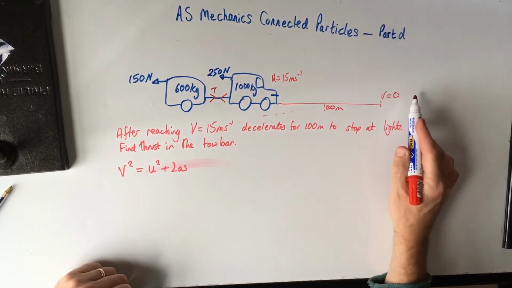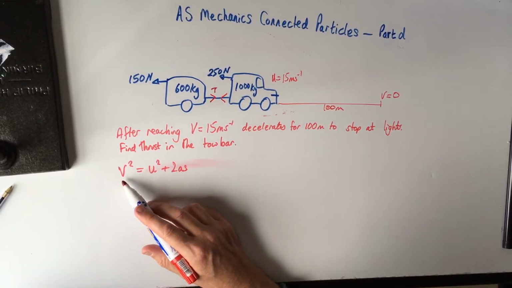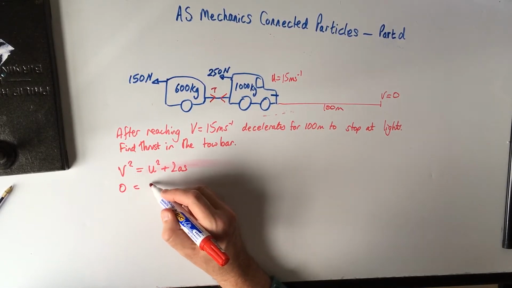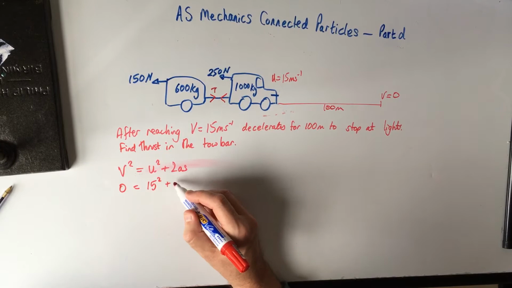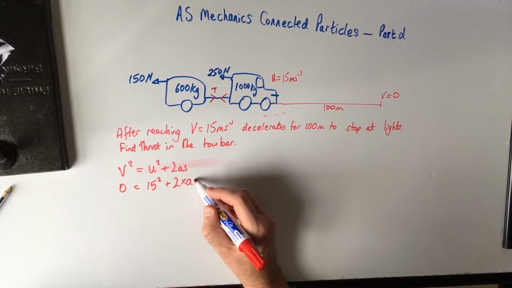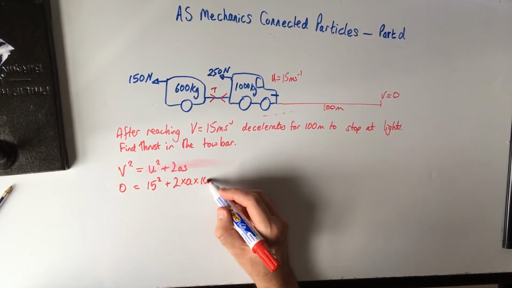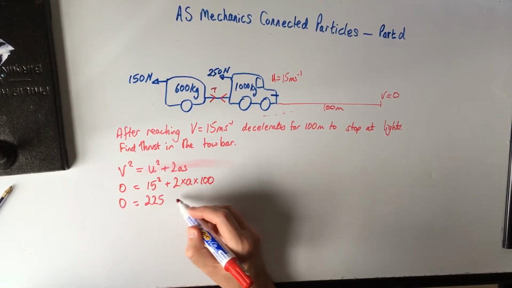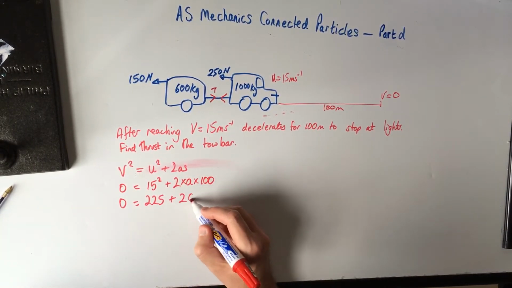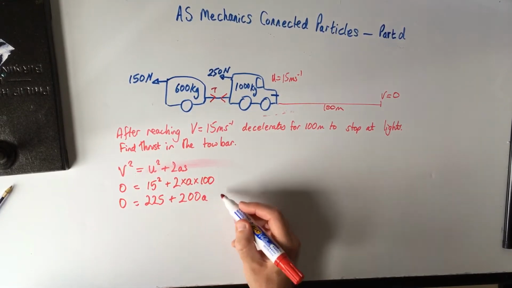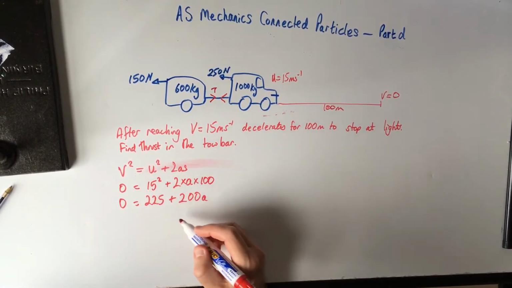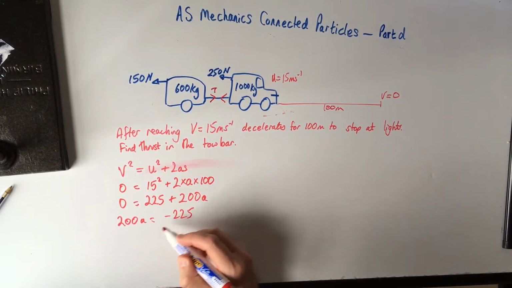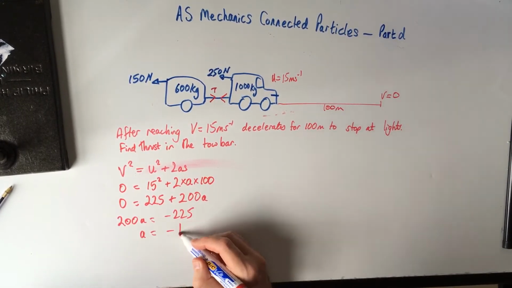So 0 is equal to 15 squared plus 2 times the acceleration times s, which is 100. So we've got 0 is equal to 225 plus 200a. Take that over to the other side, and we get 200a is equal to minus 225, and a is equal to minus 1.125.